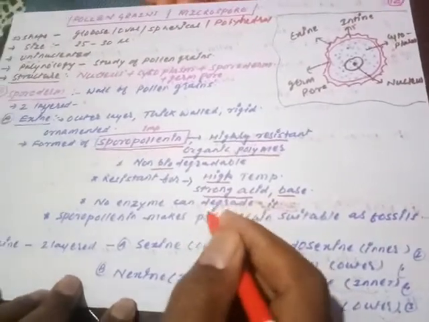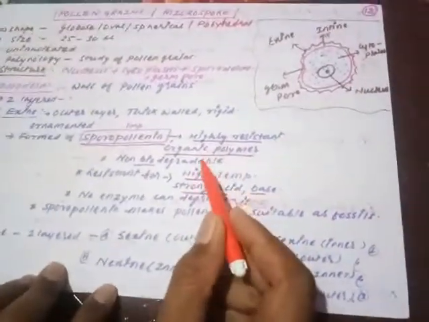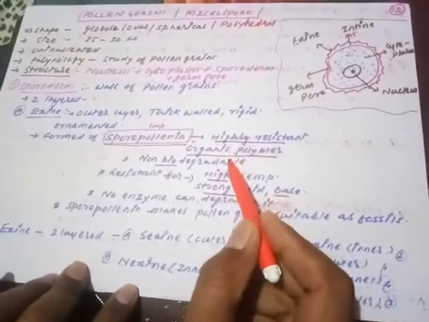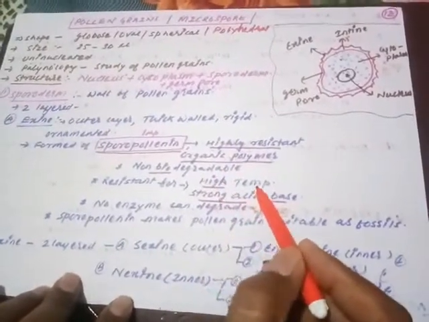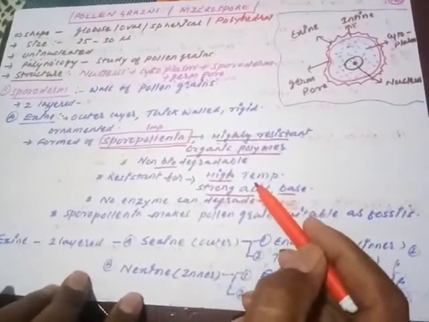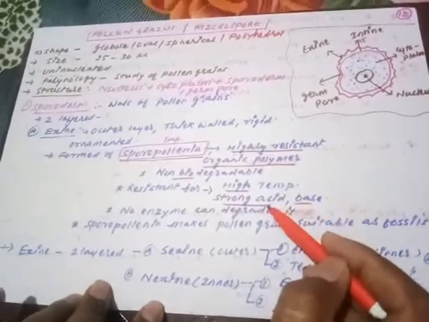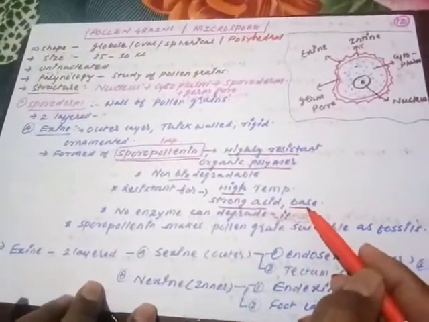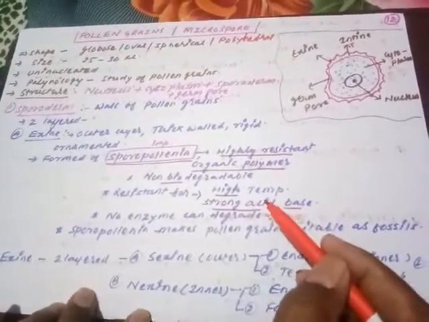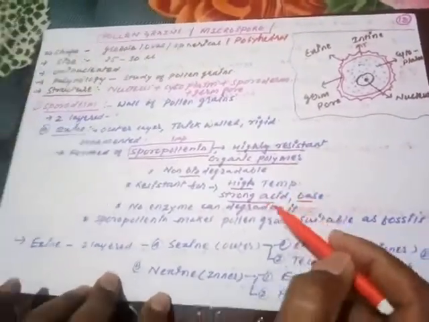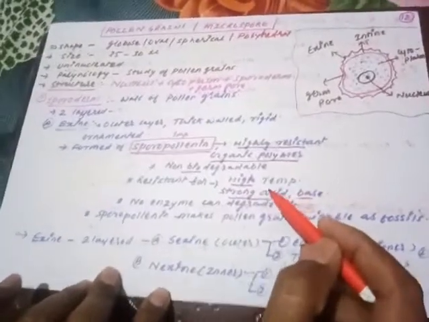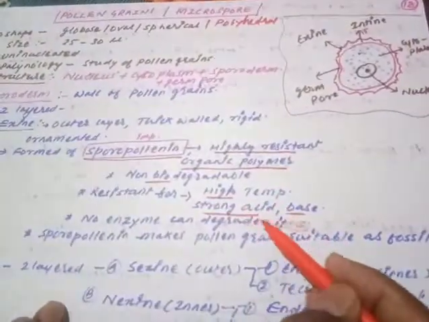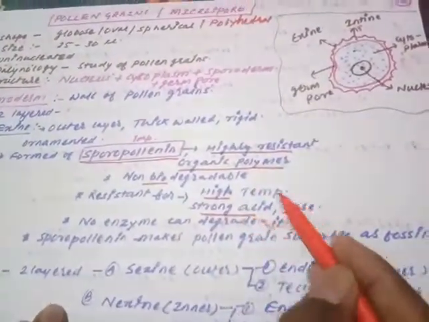So I think you can understand that any material can decompose by temperature, by strong acidic reaction, by strong basic reaction, and by biological agencies. But sporopollenin remains unaffected by all these agencies.